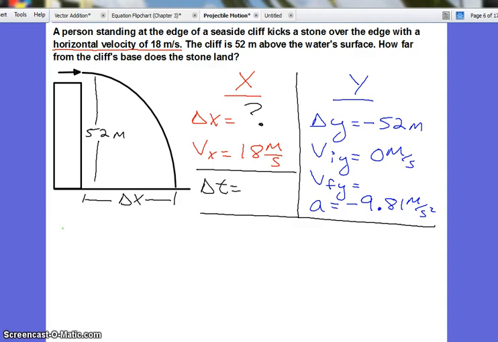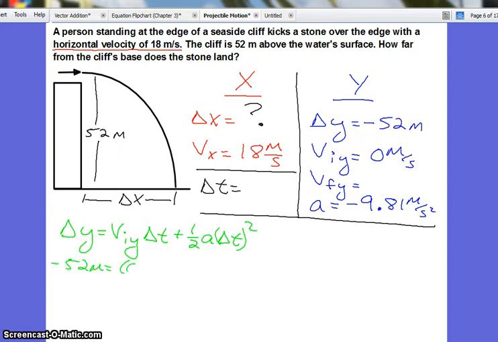So I come back here and I'm going to use this equation. Delta y is equal to viy delta t plus 1/2 the acceleration times delta t squared. I've placed my numbers. Negative 52 is equal to 0 times delta t plus 1/2 times negative 9.81 meters per second squared times delta t squared.